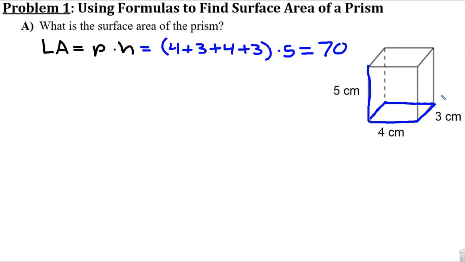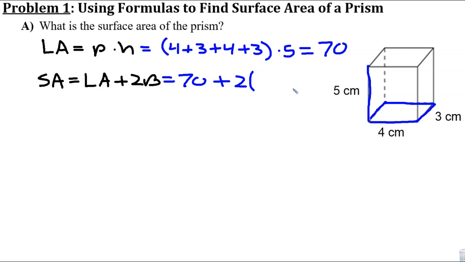So we have the 4 between the bases. And then for my surface area, we said that's equal to the lateral area plus 2B. Okay, so take the lateral area we just found, the 70, and then add 2 times the area of the base to it. And 2 because there's two bases, one on bottom, one on top. And then for this B, you're going to use whatever formula the base is.